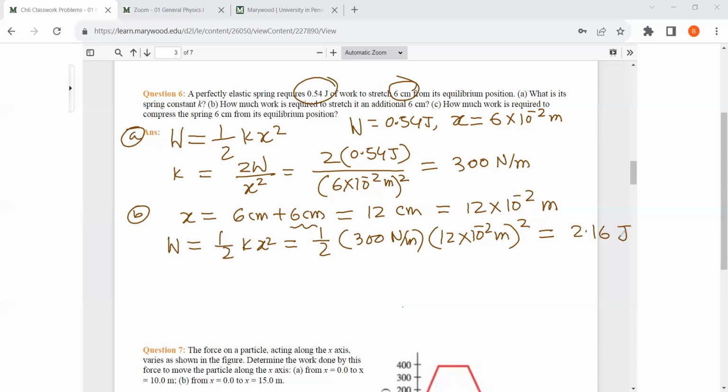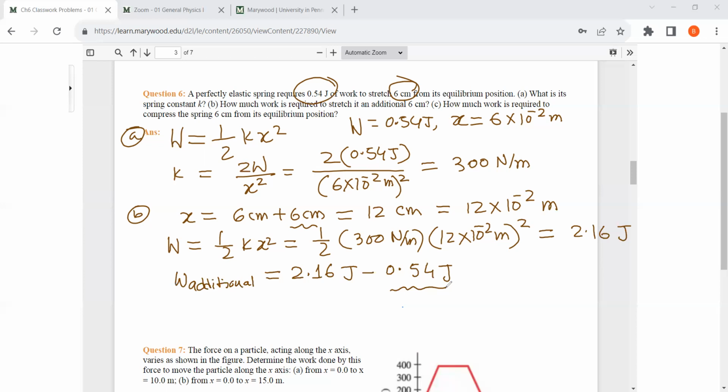This tells us that the additional work done we need, let me call it additional, will be equal to 2.16 joule minus 0.54 joule, because this 0.54 joule is already needed to stretch the spring by 6 centimeter.